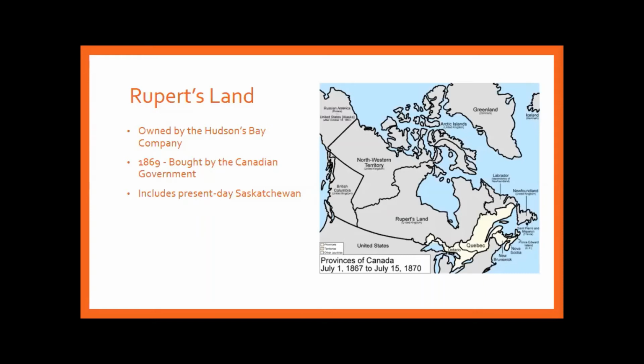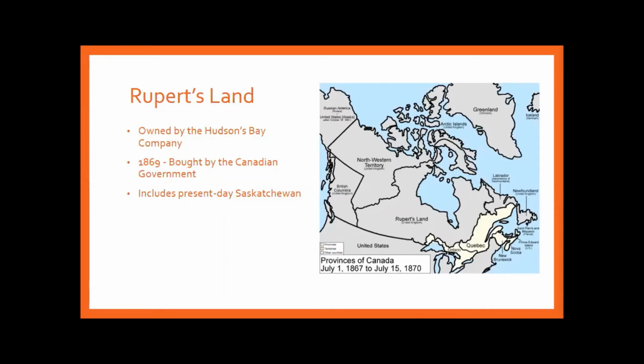They thought the Americans might buy Rupert's Land from the Hudson's Bay Company because the Hudson's Bay Company really was only interested in fur trading. It didn't want to deal with the administrative processes that were required as people started moving and living in Rupert's Land from Europe. So the Canadian government negotiated with the Hudson's Bay Company, and in 1869, they bought Rupert's Land as a way to expand Canada and make it bigger.